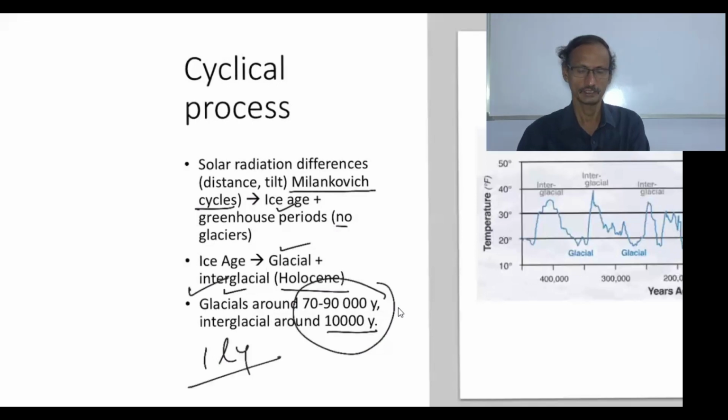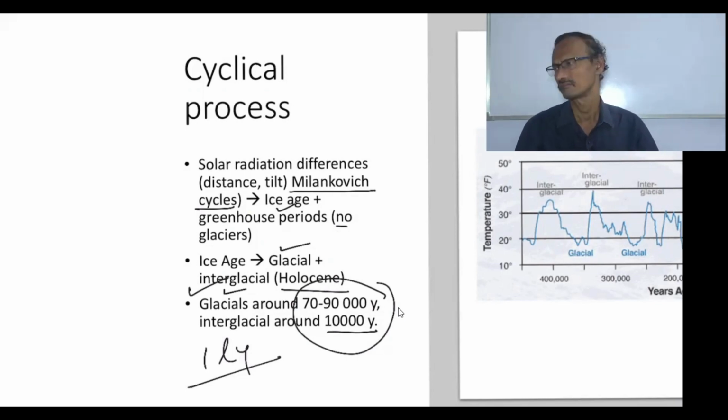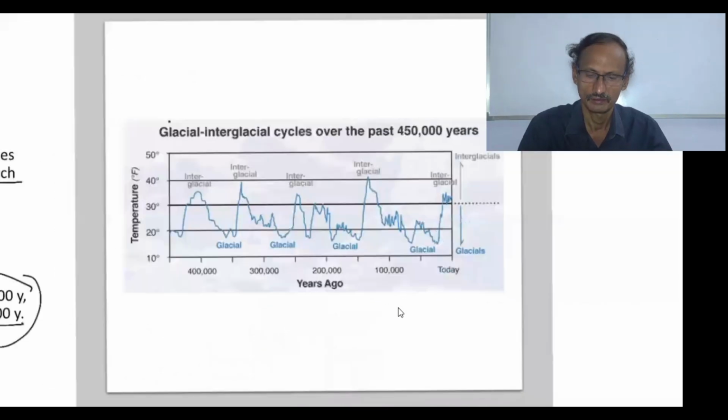going by radiation differences. But of course, radiation differences is only one of the things that the Earth's system is affected by. There are many other things. So how has this been working for the past 4.5 lakh years?